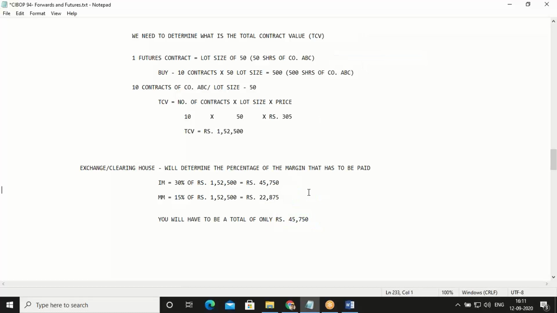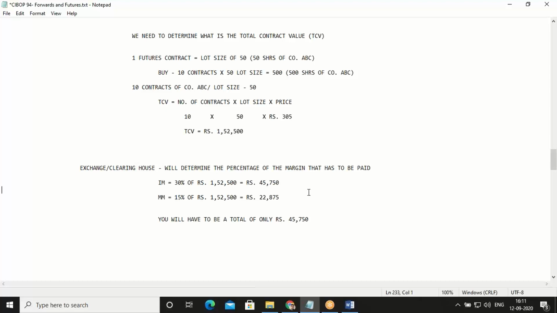So then where is this maintenance margin being kept? Piyush, I'll come to that. No, where is this maintenance margin being kept? It's part of your initial margin. You have to give 45,750, but part of that 45,750 is 22,875.